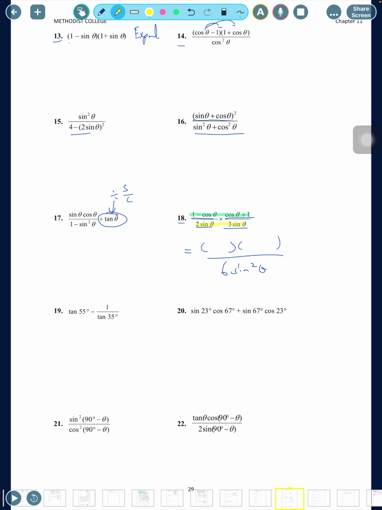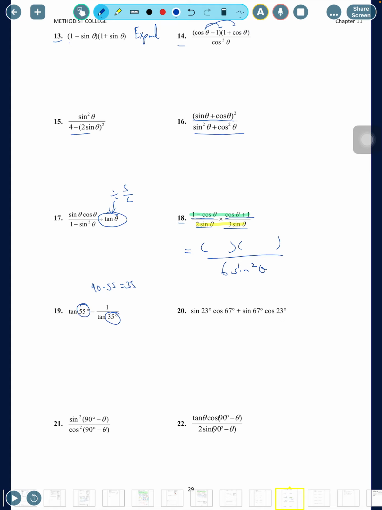For 19 and 20, just be aware of the angles 55 and 35. 90 minus 55 equals 35. That means you can apply the formula or the identities we discussed yesterday to calculate this part.